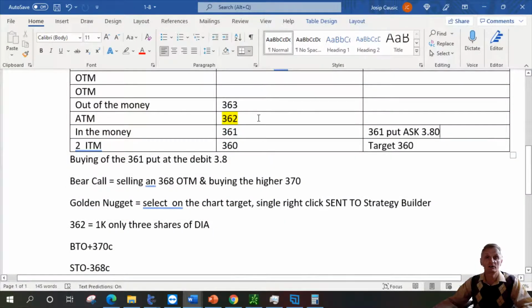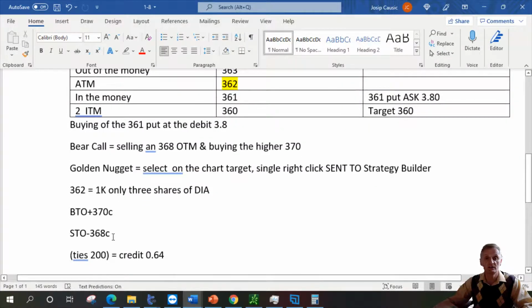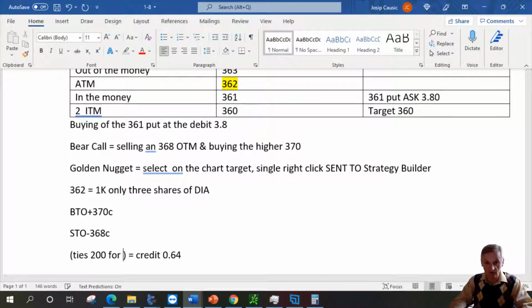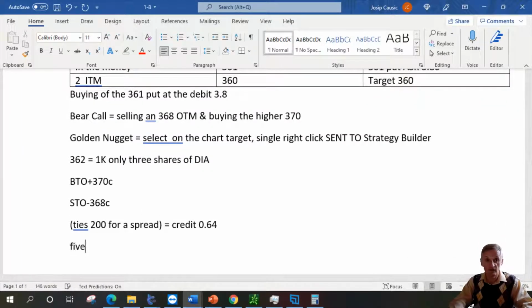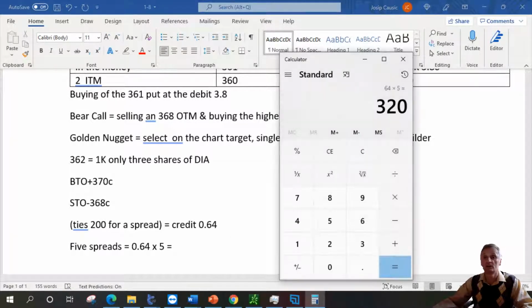Let's now put this in writing so there can be no confusion about what is going on here. My bear call spread that involves the 370 and 368 ties up $200 for a spread. It gives me a credit of 64 cents. For 5 spreads, that credit is 0.64 times 5, and we said we were able to get the credit of 320.